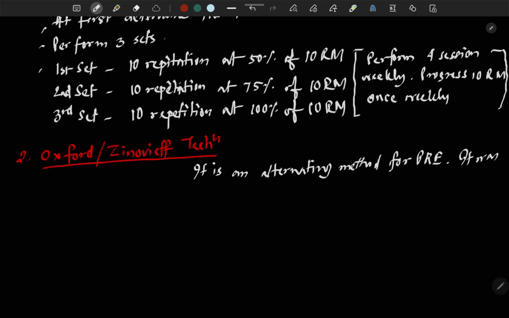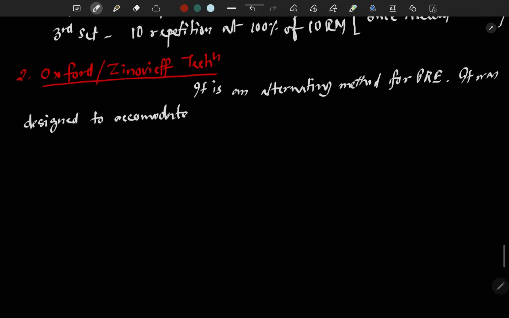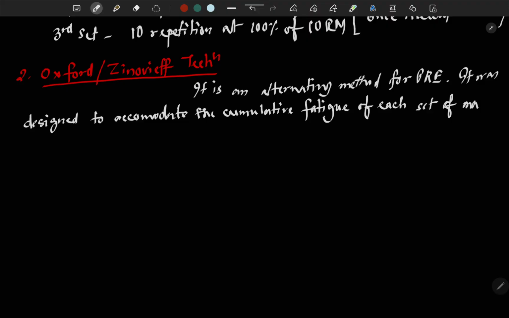It was designed to accommodate the cumulative fatigue of each set of maximum resistance.